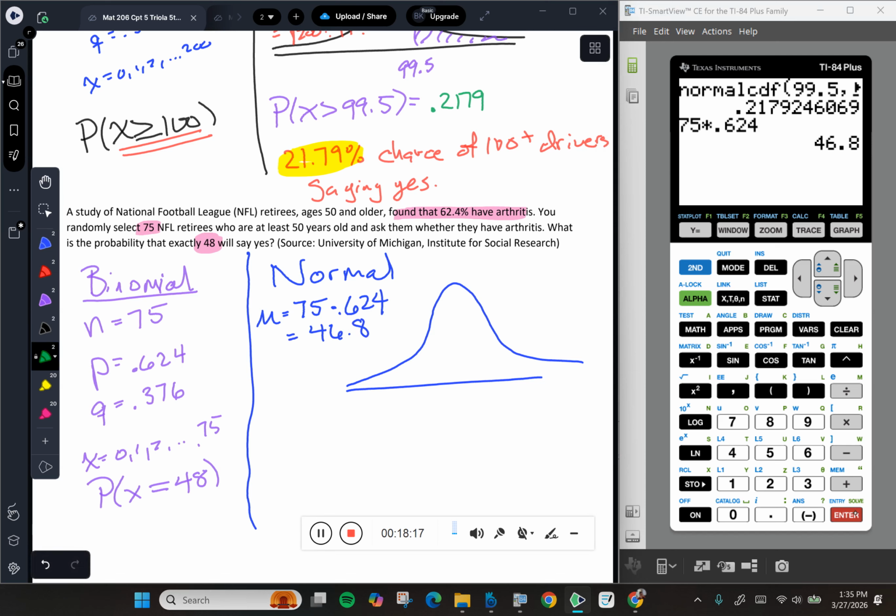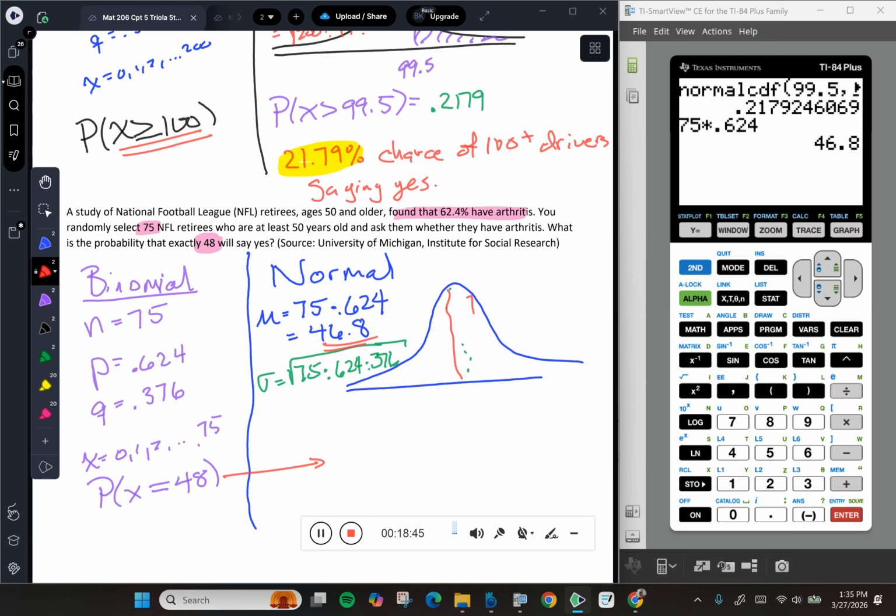Our standard deviation, square root of n times p times q. Whatever that works out to be, I'm not going to figure it out. I know that my middle is about 47, and they want me to find the probability that it's exactly 48. So my middle right there is that 46.8.